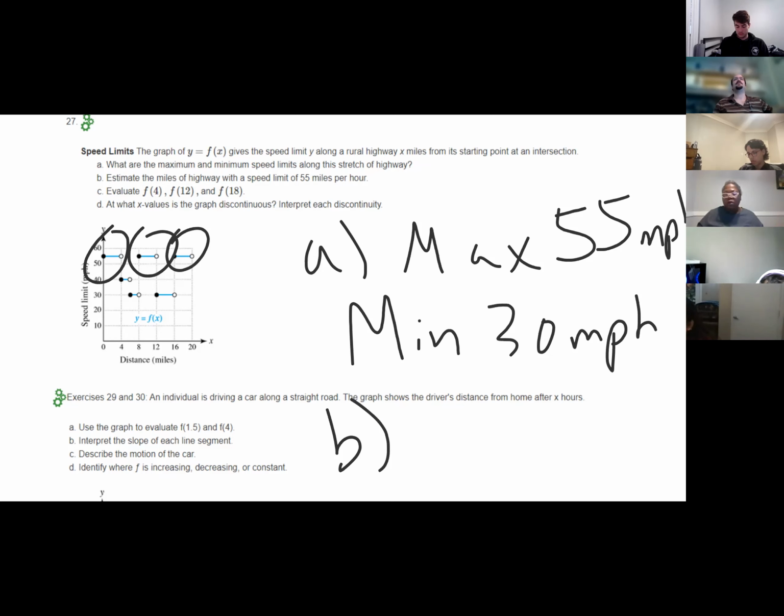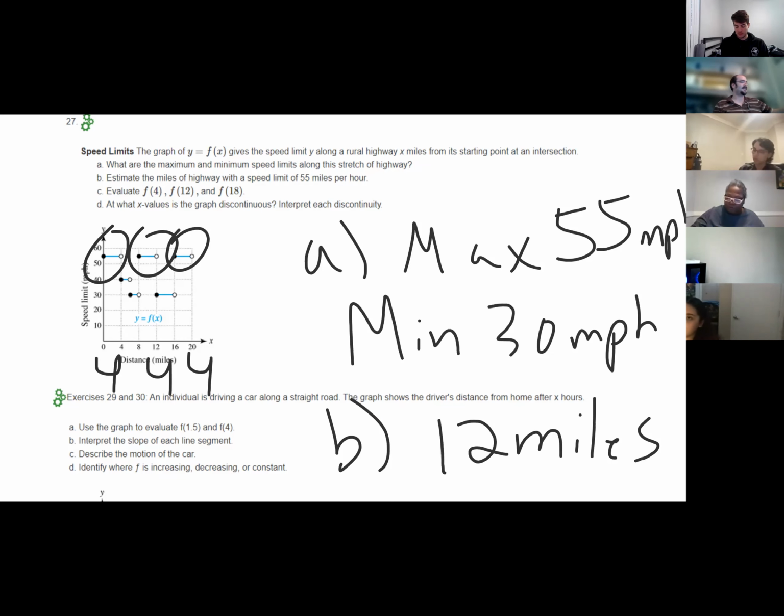I'm looking at those three sections. And so how much is that? If we calculate it all together, how many miles is that talking about? 12 miles total. Yeah, we're doing 4 by 3? Yes. 4 here, 4 here, 4 here. I believe there are a total of 12 miles of highway that have a speed limit of 55 miles per hour.